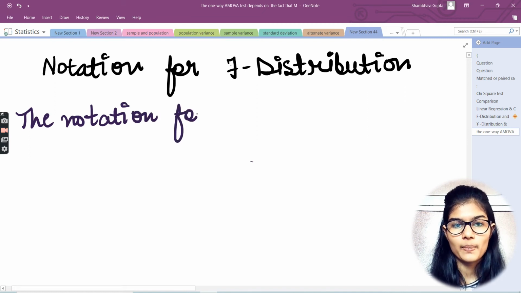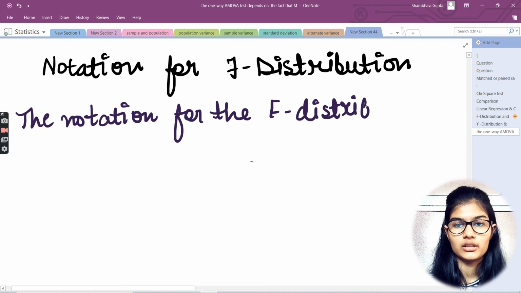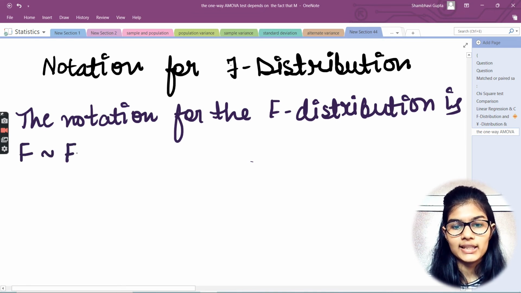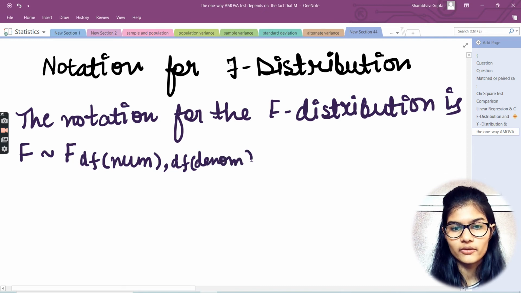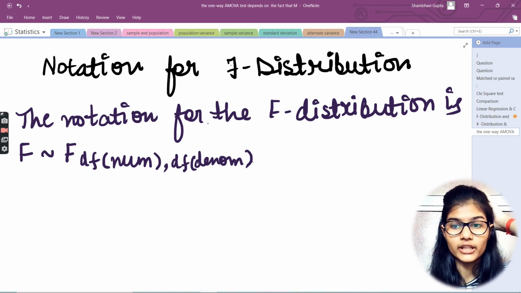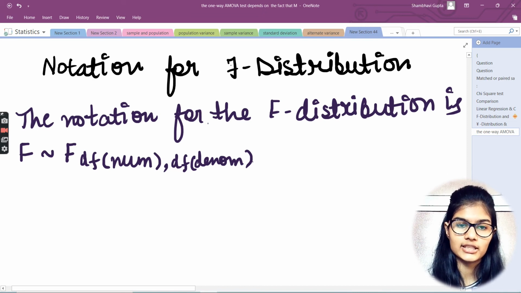The notation for the F distribution is F approximately equal to F, with df numerator, then a comma, and again degrees of freedom, and next the denominator. So this is how we write the notation for the F distribution: F approximately equal to F of df num, df denom. Now what do these particular things stand for?